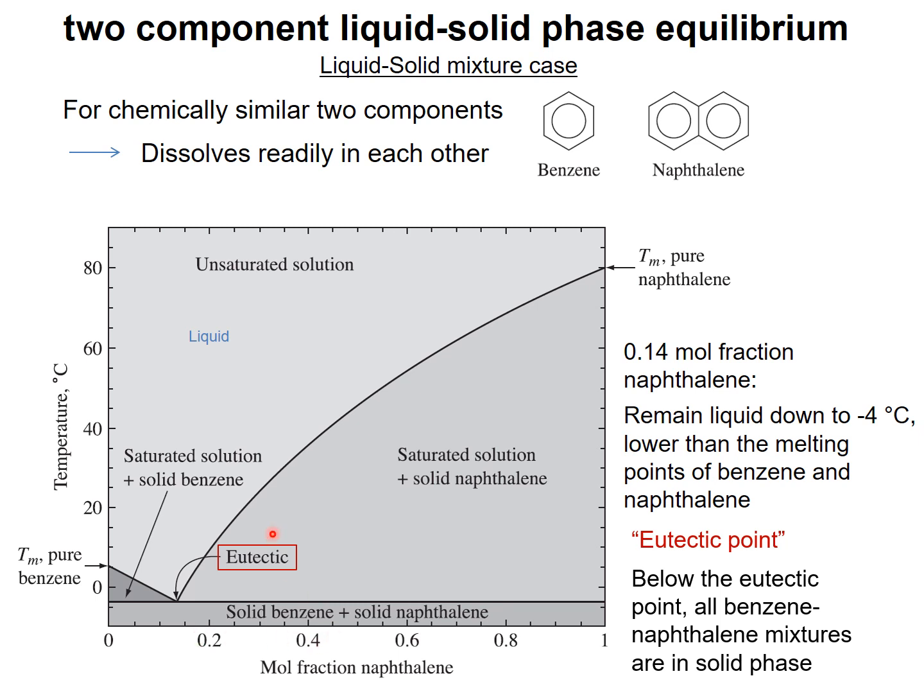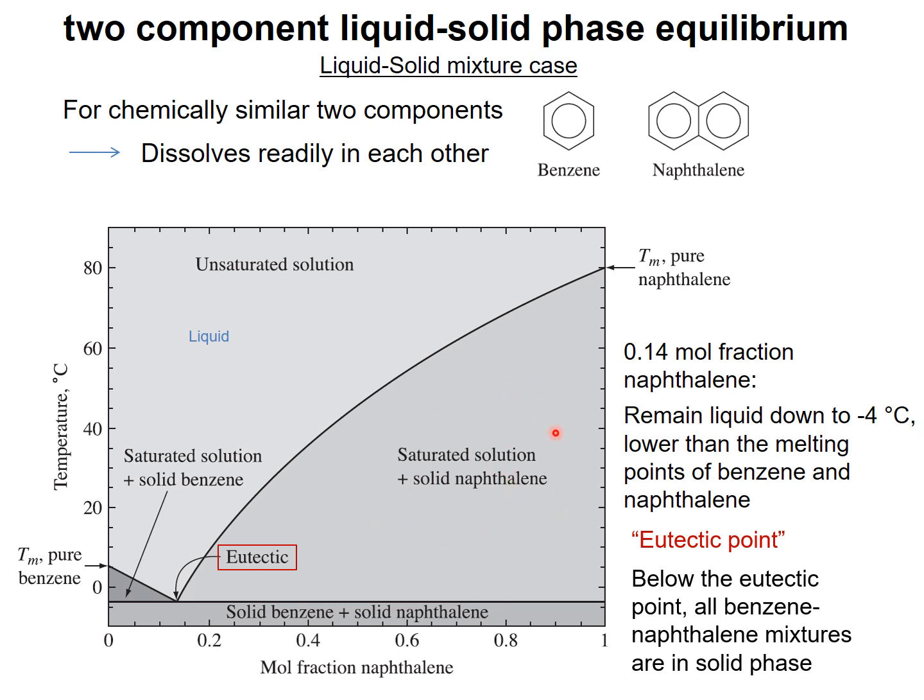However, between the single liquid phase in this region and the region of solid benzene plus solid naphthalene, you can find other regions. Those two regions have two phases. Let me start with the right one.